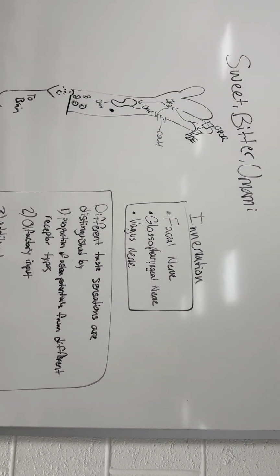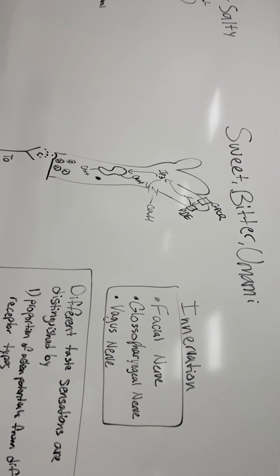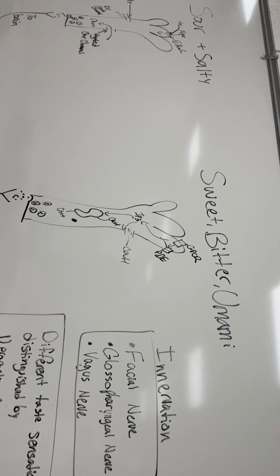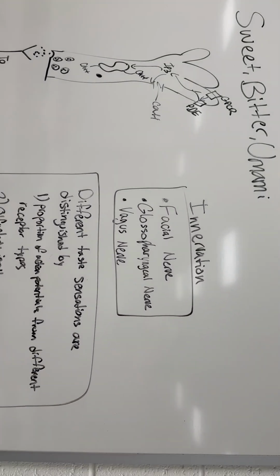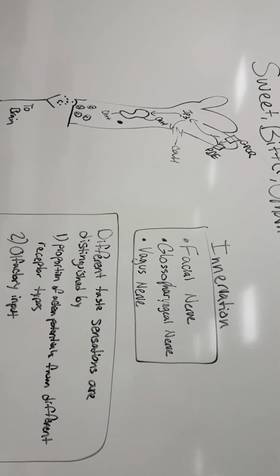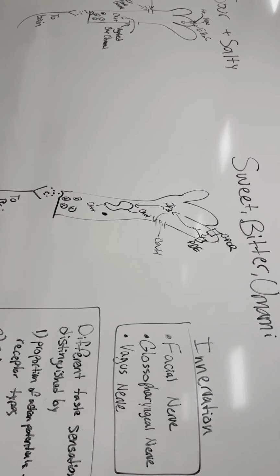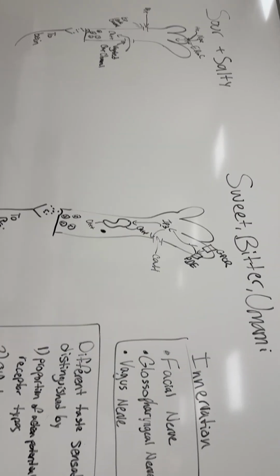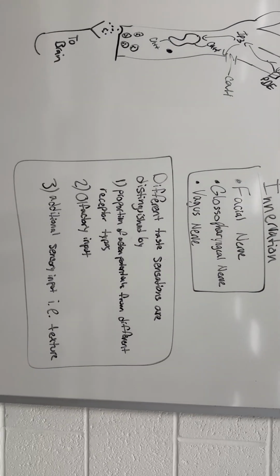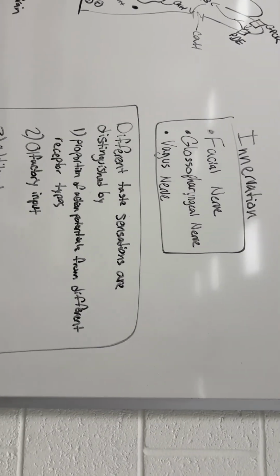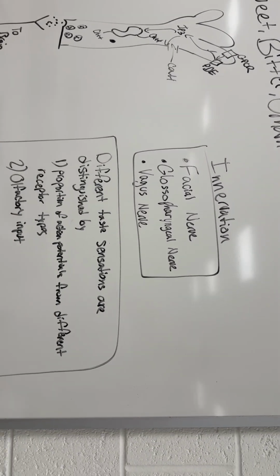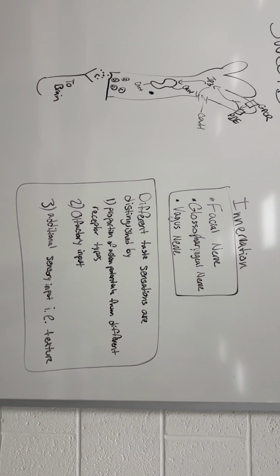So the innervation here that we're dealing with, the nerves that perceive taste, are going to be our facial nerve, our glossopharyngeal nerve, and our vagus nerve. These are going to be the nerves that send these taste sensations to our brain. And different taste sensations are distinguished by the proportion of action potentials from different receptor types.